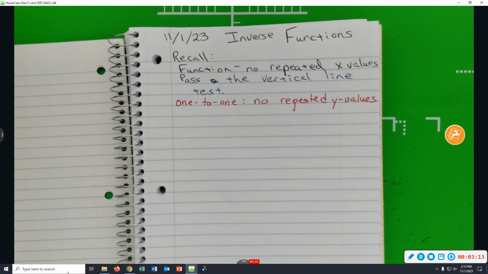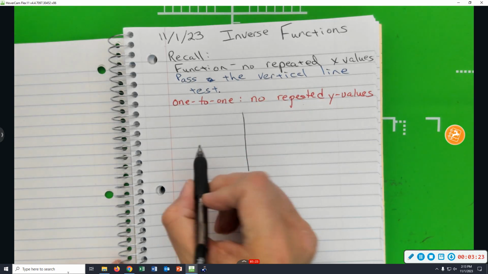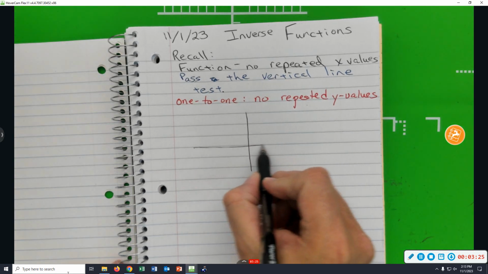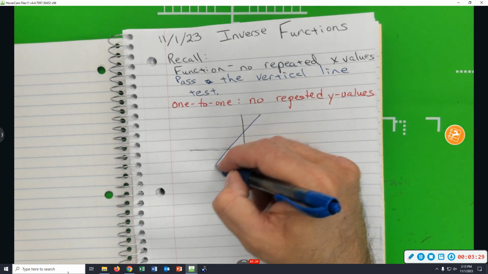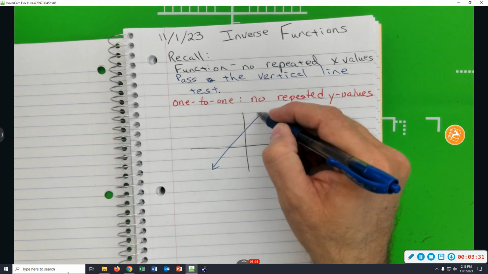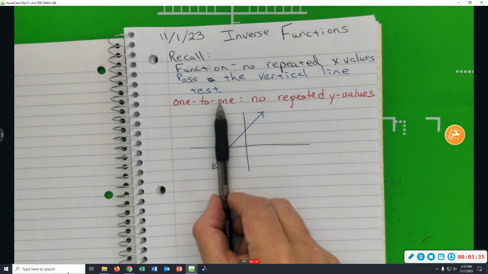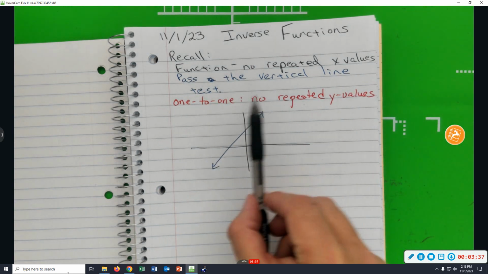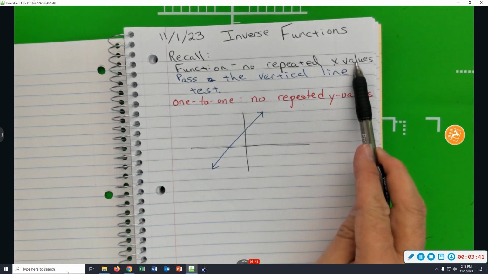We had said that a slanted line is a function. You could draw a slanted line. There's no way you're going to have two ordered pairs with the same x value.